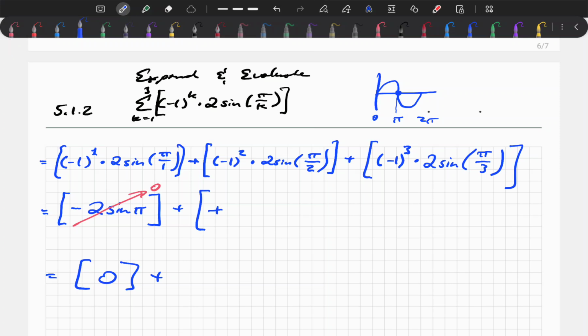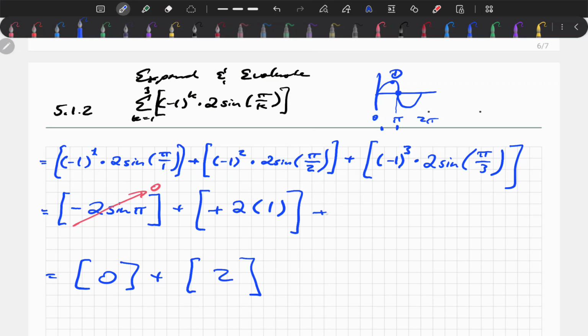And then we have 2 times the sine of pi by 2. The sine of pi by 2, we have sine of pi here, so halfway there, sine of pi by 2, which is 1. So we will have a value of 1 here. So then our second term will be 2.